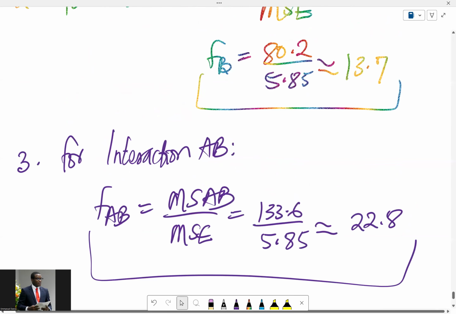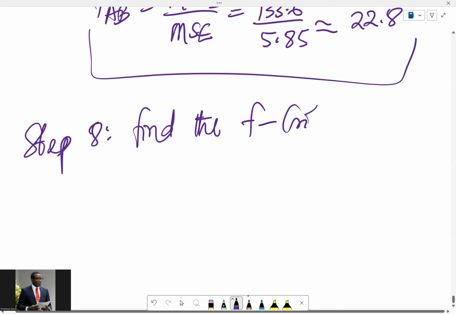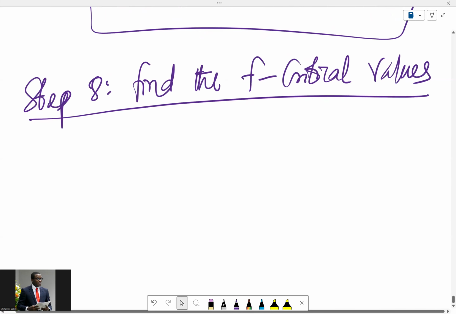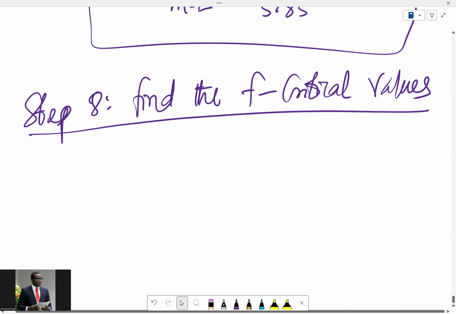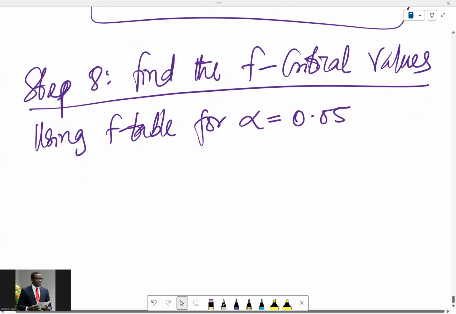Step 8: find the F critical values, using the F table for significance level 0.05.